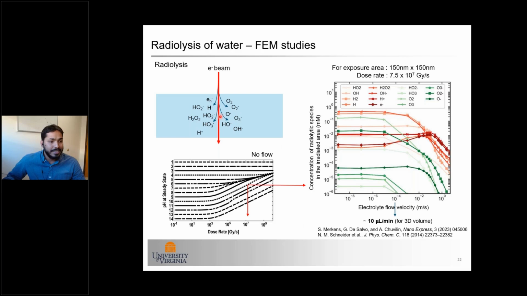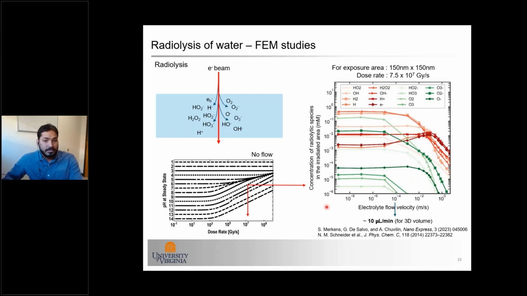Here you can see a finite element prediction showing that if you use neutral to alkaline electrolyte, increasing the dose rate would decrease the pH. And this graph shows that if you increase the flow rate, the accumulation of those radiolytic species would decrease. So this can also give us a critical flow rate to avoid accumulation of all those radiolytic species.